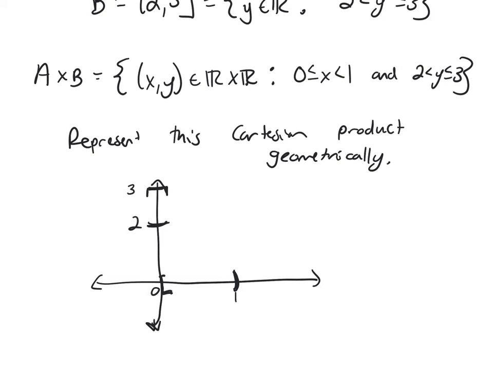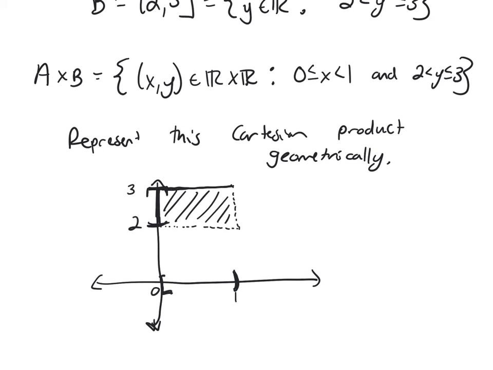And so in the end, what you're going to get is this rectangular region of points. Y isn't allowed to be 2. X isn't allowed to be 1. But y is allowed to be 3. X is allowed to be 0.